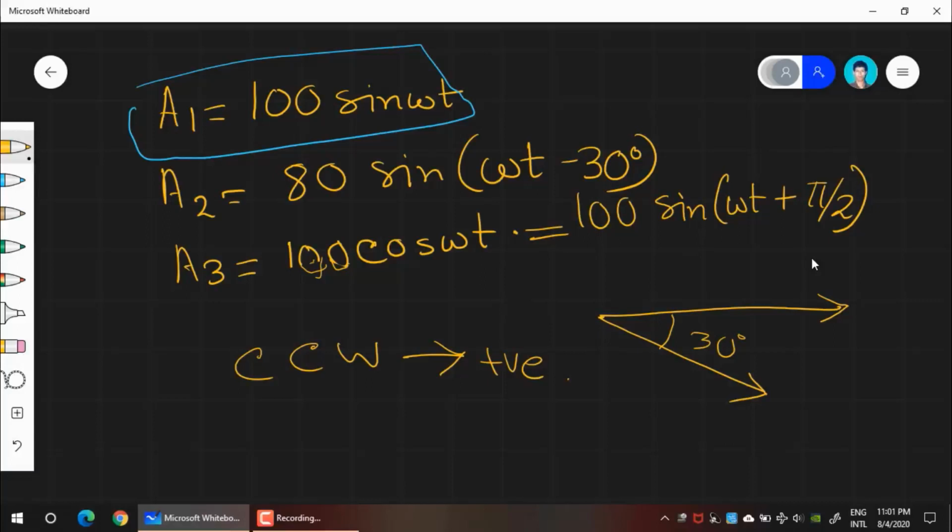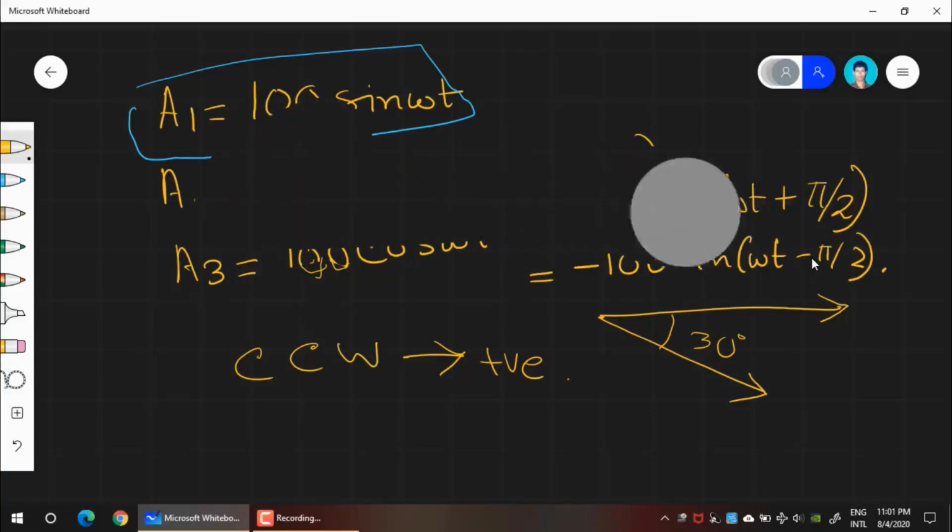Once you write this, the same thing can also be written as minus 100 sine omega t minus pi by 2. Both are equal.